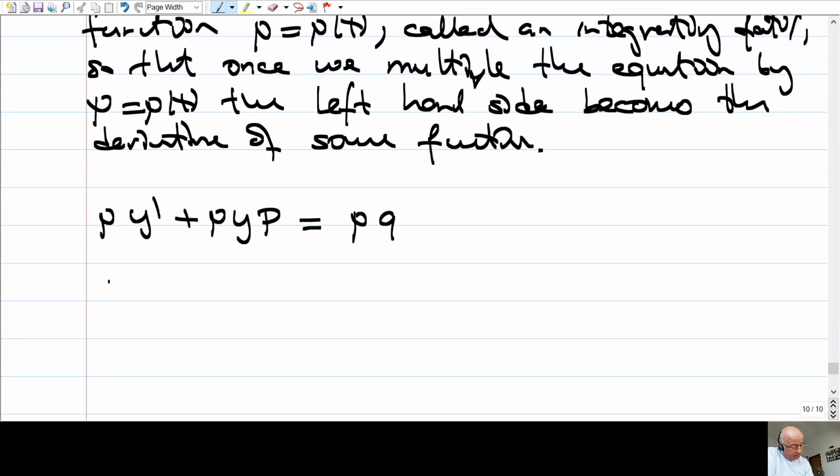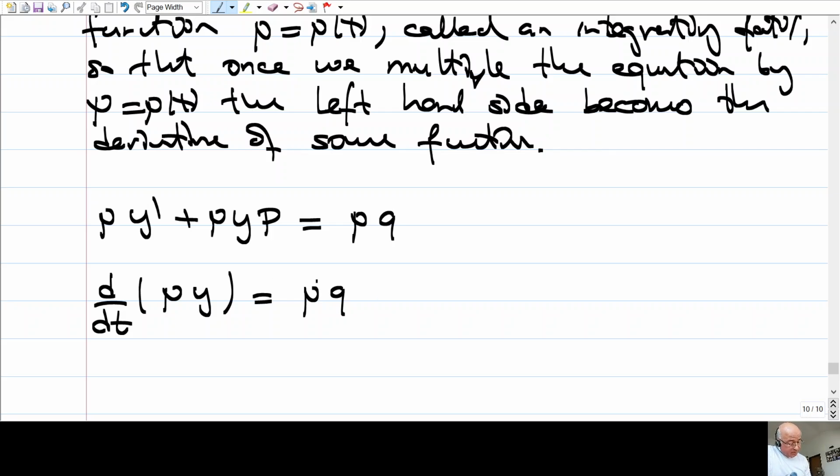I want this to be the derivative of mu times y. So we are looking for a function so that the derivative of mu times y is equal to this gadget.